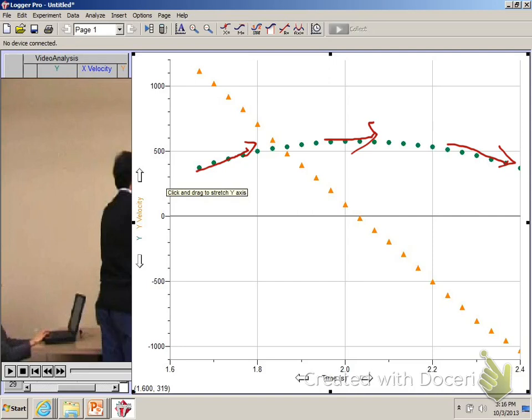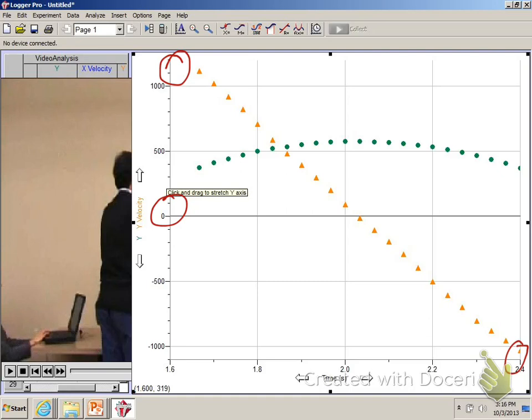Okay, if we look at this on a velocity versus time curve, that's this right here, we can see that the velocity starts out right here, decreases to 0, and then increases in the negative direction.